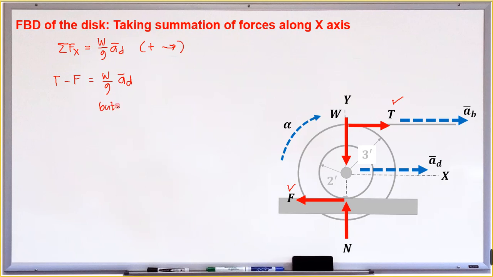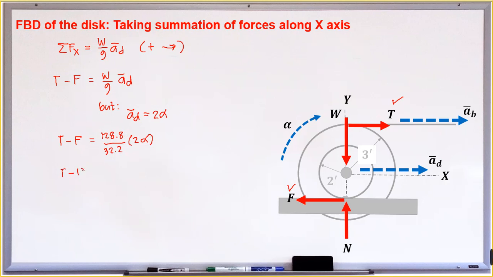But we already identified the relationship between the linear acceleration of the disk and alpha, that is equal to 2 alpha. So therefore T minus F is equal to 128.8 divided by 32.2, that is equal to 2 alpha.